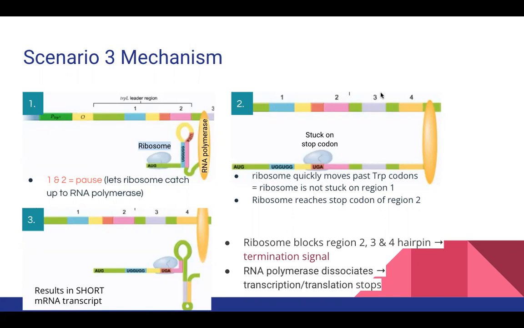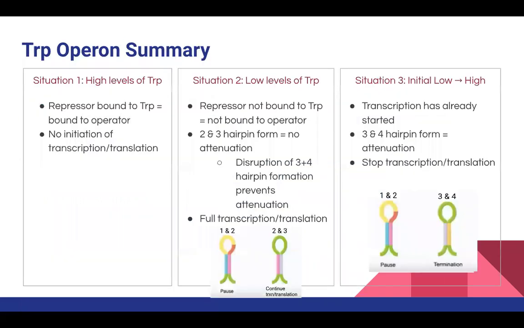And if 3 and 4 hairpin, then this is going to cause the termination of this transcription, and RNA polymerase will dissociate, and this whole mechanism is going to stop.